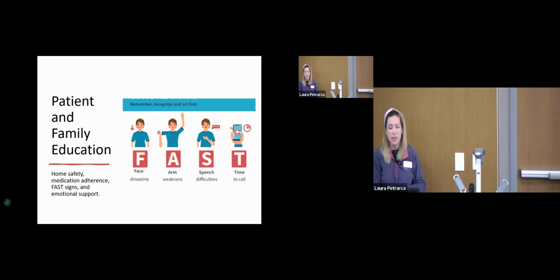This is easy to teach them, and they'll remember it. So promote home safety, medication adherence, know the signs of a stroke, and emotional support. And again, move those rugs. I'll put that on here again as well. You want to empower your patients and their families.